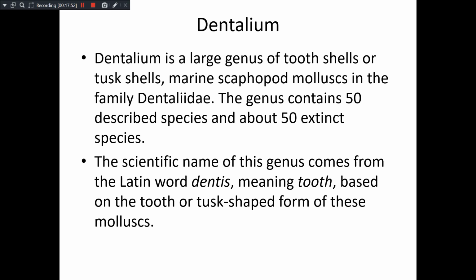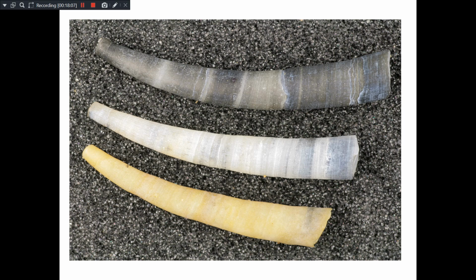The term Dentalium comes from the Latin word dentis, meaning tooth. It is tooth-like, and based on the tooth or tusk-shaped form of these molluscans, they are called Dentalium. See, this is how it appears. This is the shell of a Dentalium. Very beautiful. It looks like the tusk of an elephant also in shape. Not in size, but in shape it is true.